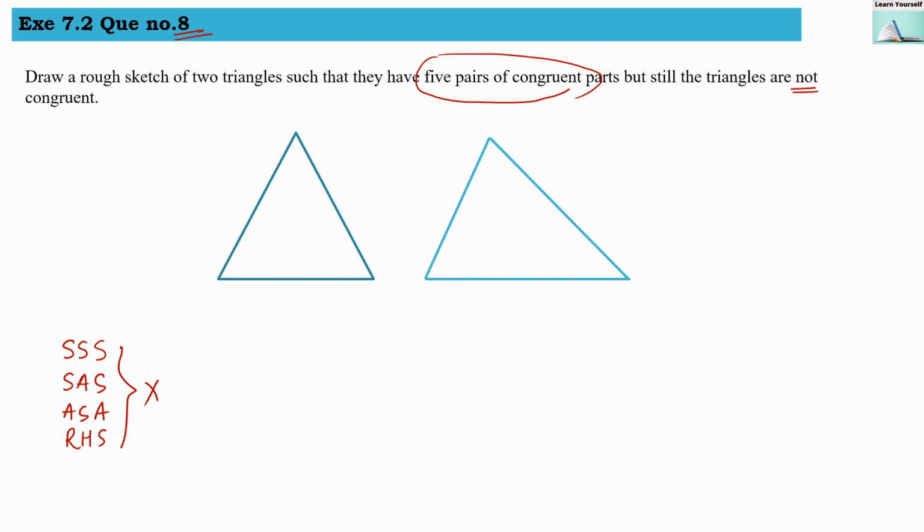So let us understand this. This triangle is ABC and this triangle is PQR. Now here AB side is equal to QR side. BC side is equal to PQ side. And AC side is equal to PR side. Whereas angle A and angle Q are equal, angle B and angle P are equal.